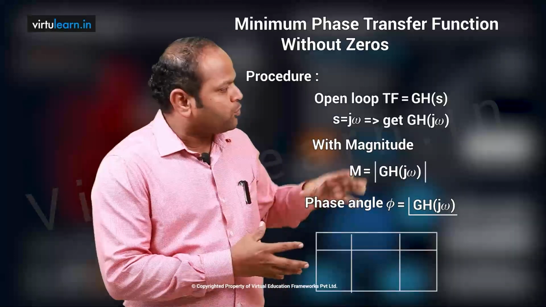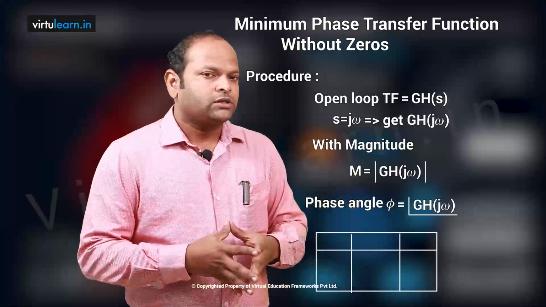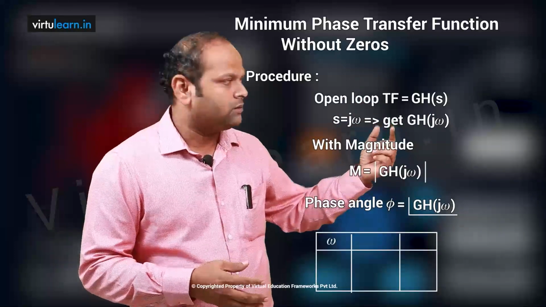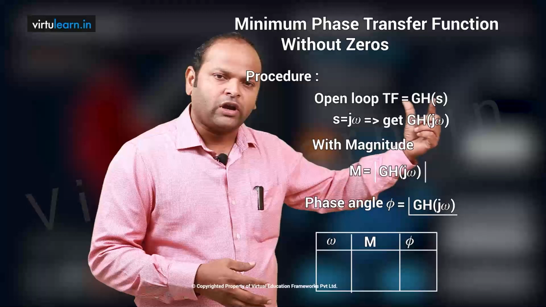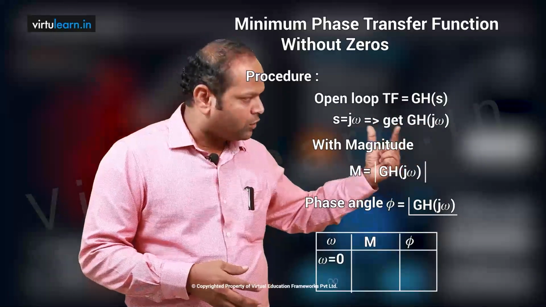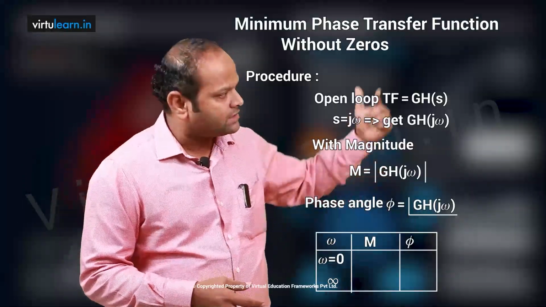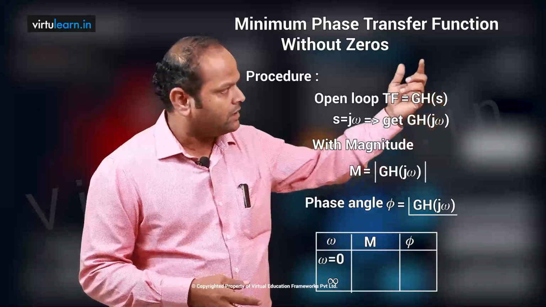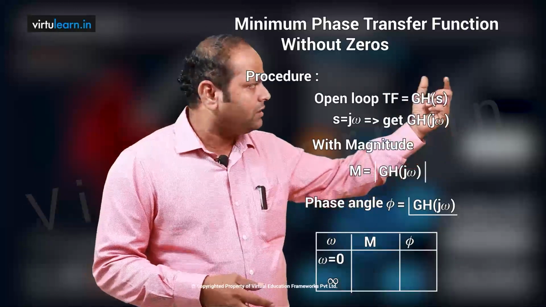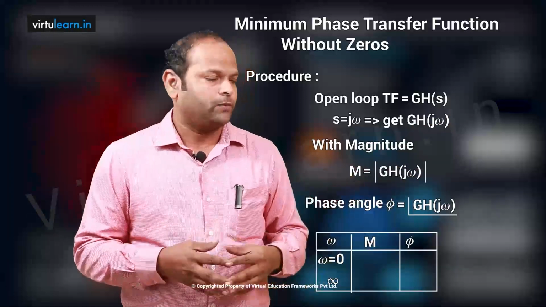Now prepare a small table where you have 3 columns and 2 entries. The columns are omega, magnitude and phase angle. I want to take omega 0, which is the starting point of the frequency, and omega infinity, which is the ending point of the frequency. At these two frequencies, let us find the magnitude and phase angle. The magnitude is M naught, the starting magnitude.